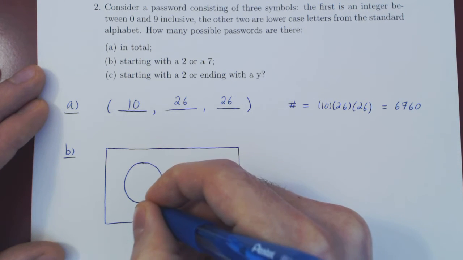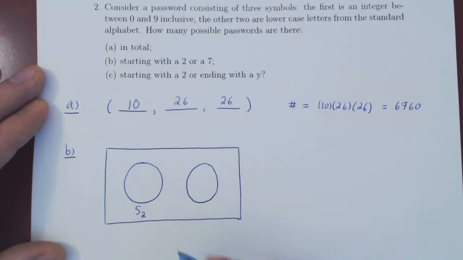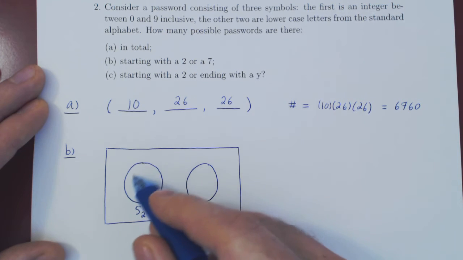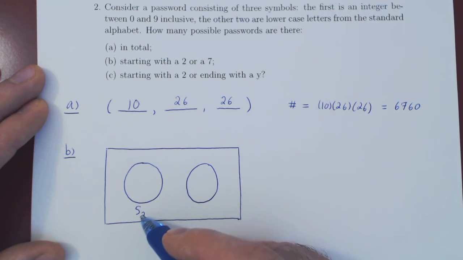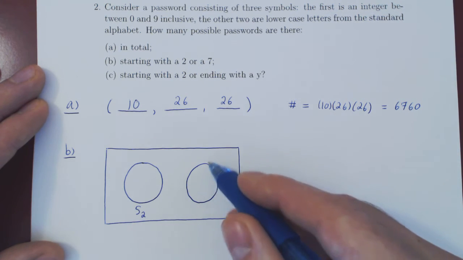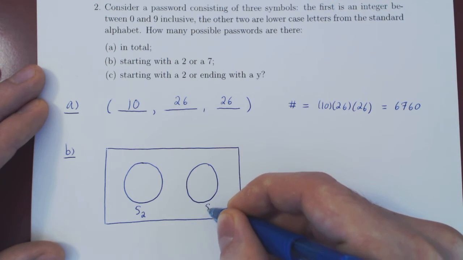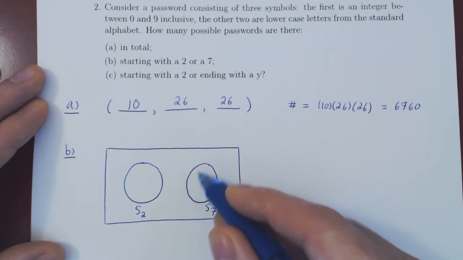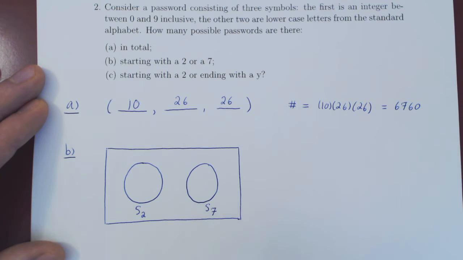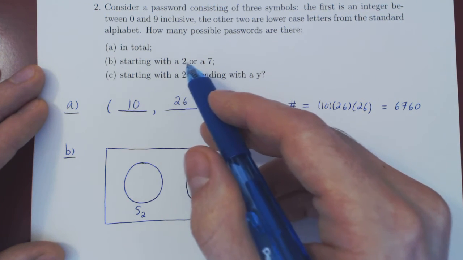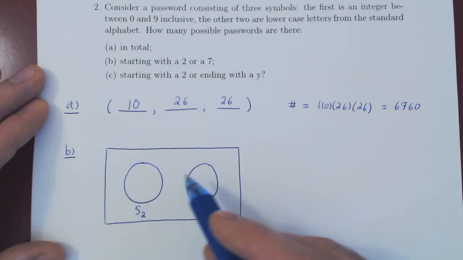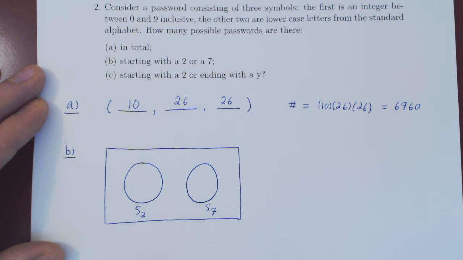I'll call the first one S sub 2 to say the set of passwords that begin with a 2. I'll call this one S subscript 7 to say the passwords starting with a 7. And again, because a password cannot start with a 2 and a 7 simultaneously, both events of interest are disjoint.